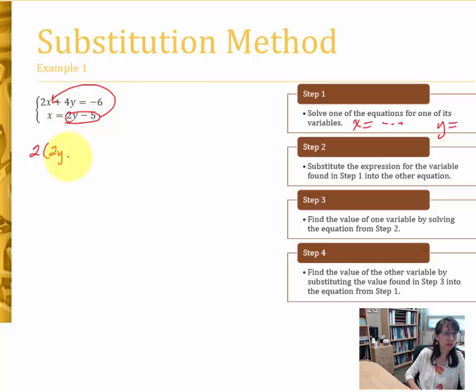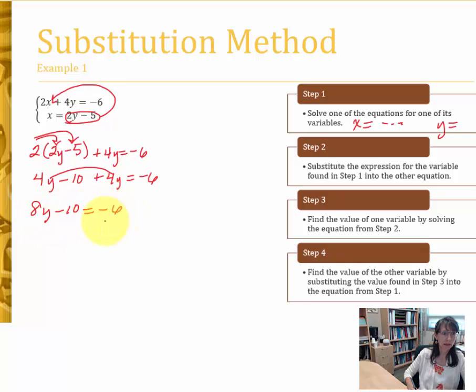That's 2y minus 5. Then we'll add 4y equals negative 6. So we'll distribute 2. 4y minus 10 plus 4y equals negative 6. Collecting our like terms, I have 8y minus 10 equals negative 6.